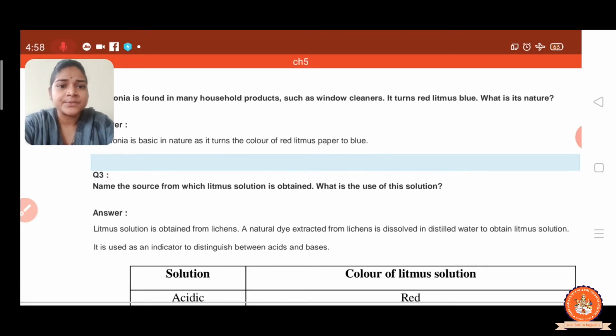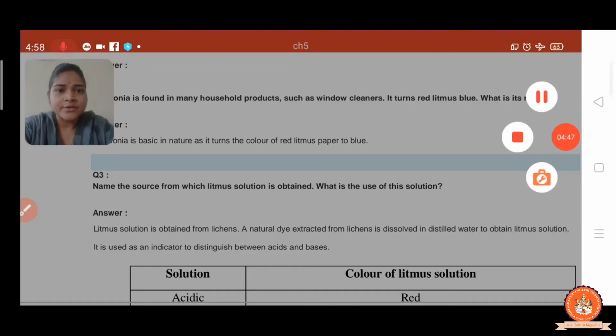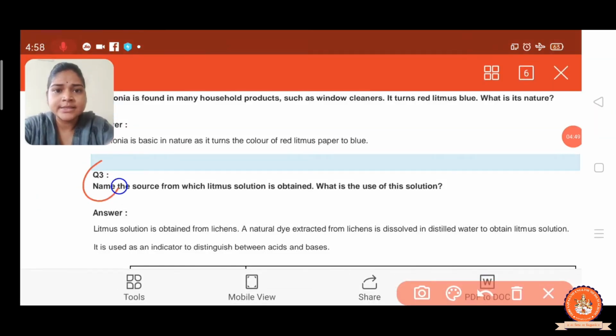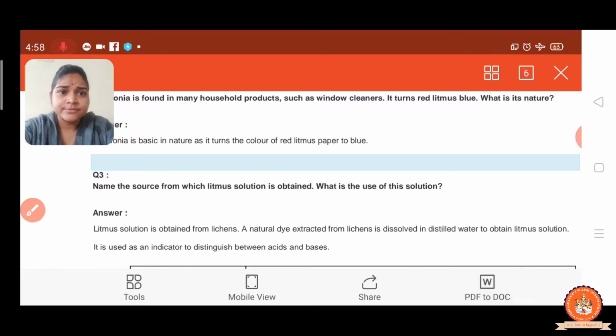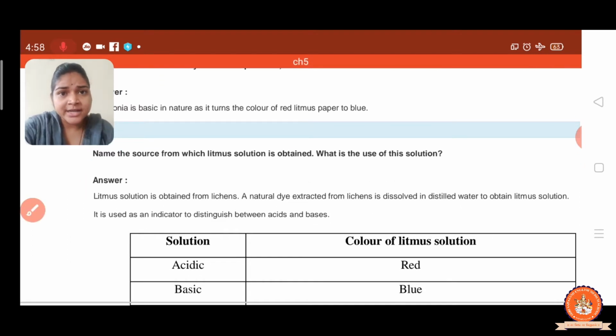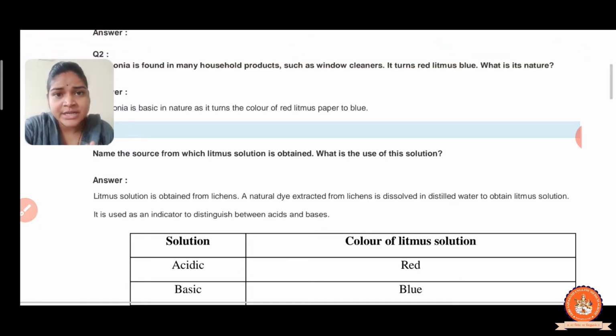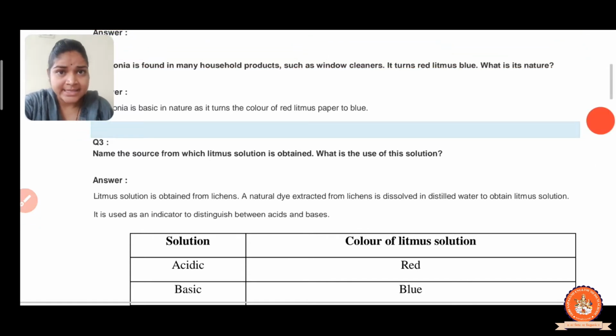Question number 3. The question is: name the source from which litmus solution is obtained and what is the use of this solution. We all know about this from chapter number 1, nutrition in plants, about the lichens.